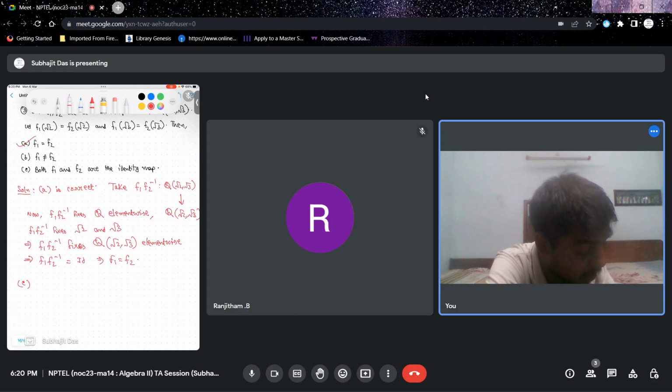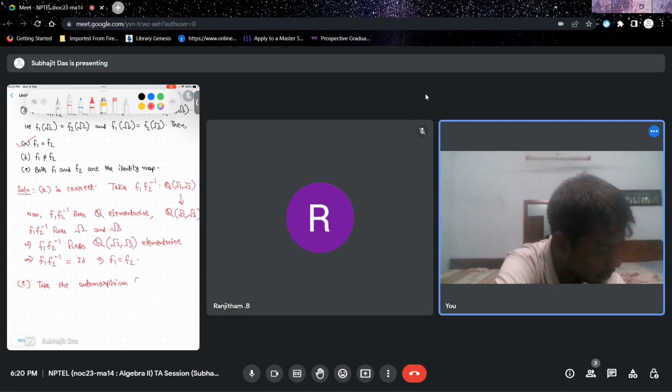So take the automorphism, take the mapping of Q(root 2, root 3) into itself.